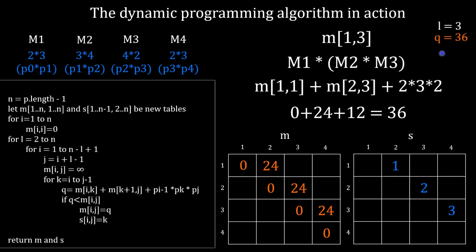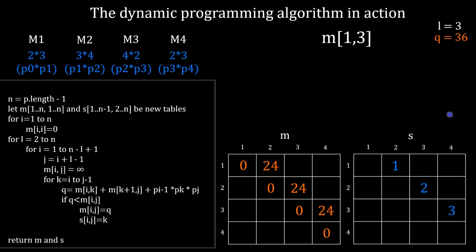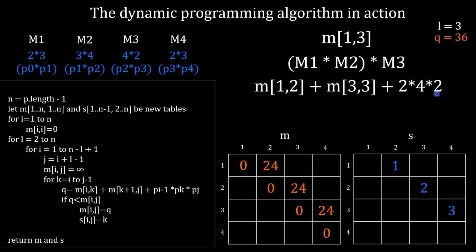This is stored in the variable q, because we haven't looked at all the possible combinations yet for this range. So we might have one that's even smaller than that. So we just keep it in q for now until we've considered all the possible combinations. We then consider the other combination, whereby we multiply matrix 1 by matrix 2 first, get the resulting matrix, and times that by matrix 3. You can see we can use the subproblems again, and we get an answer of 40.